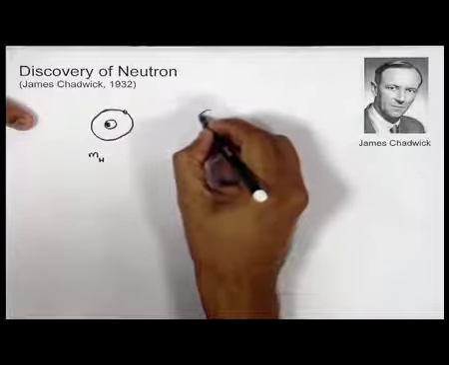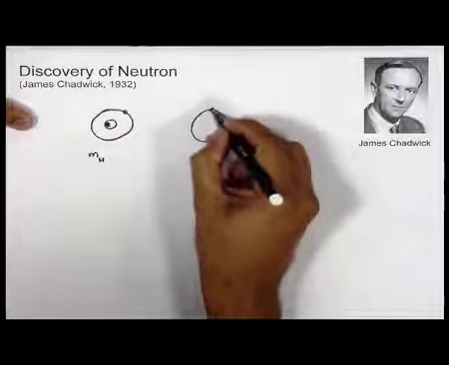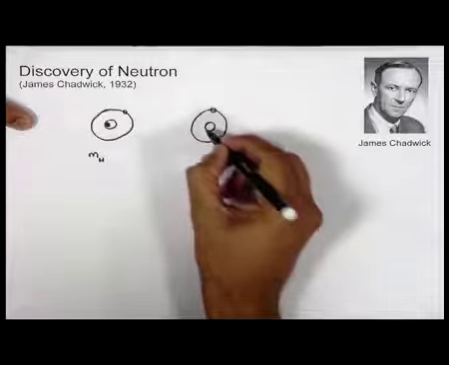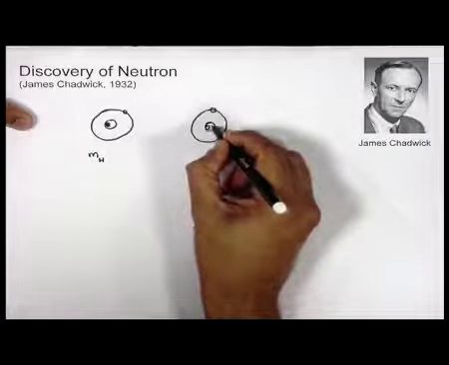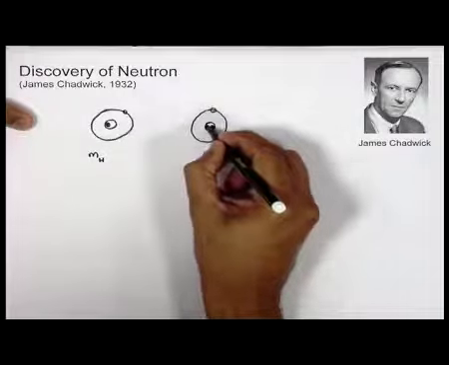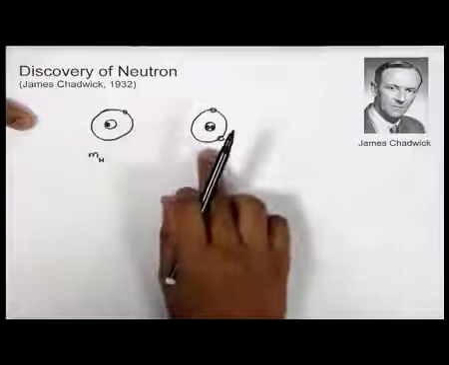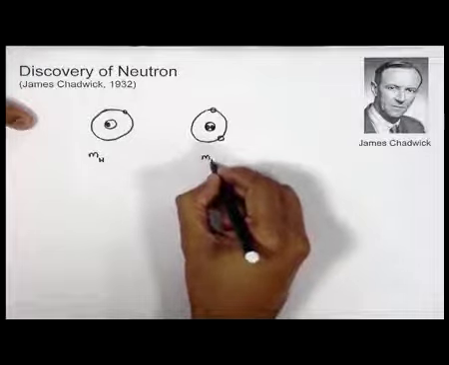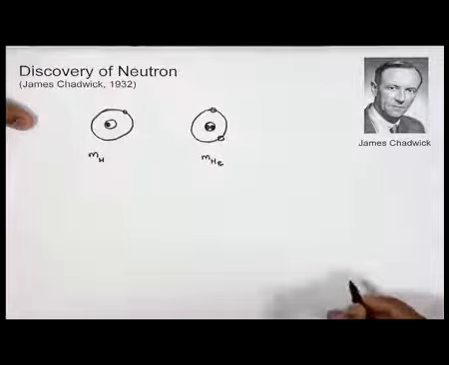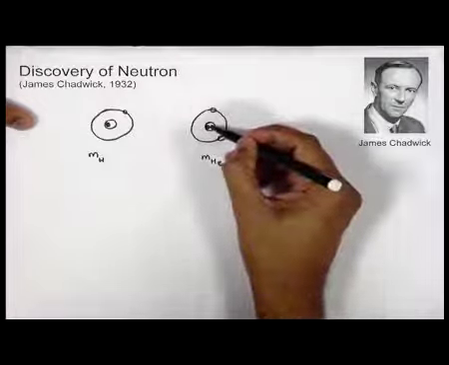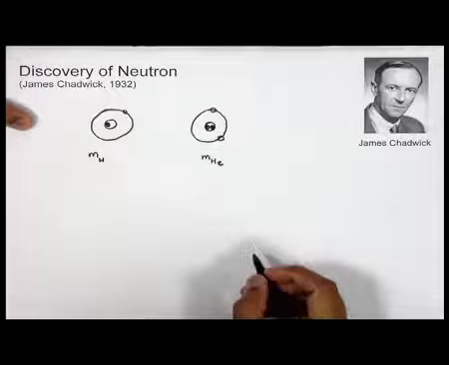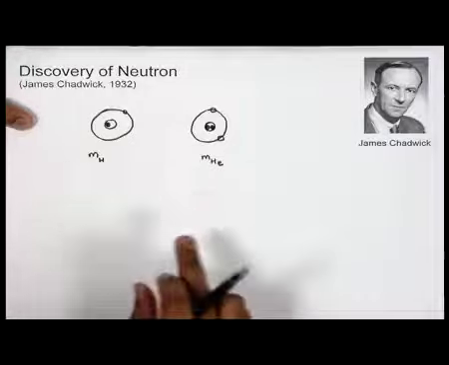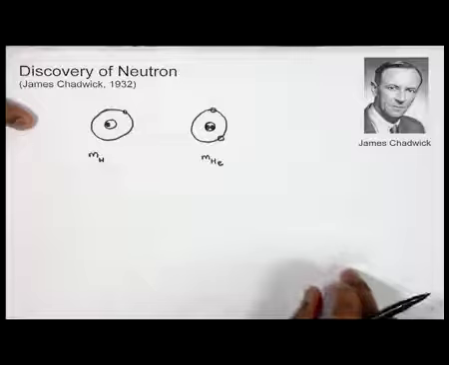Then let us compare it with helium. Helium has 2 electrons and it also has a nucleus, and this nucleus now has 2 protons. So the number of protons in the helium atom is double that in the hydrogen atom. Since it is only the proton which gives rise to the mass of the atom, this would suggest that the mass of the helium atom must be twice the mass of the hydrogen atom.